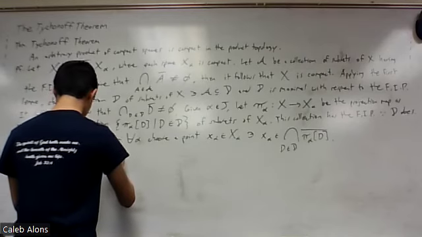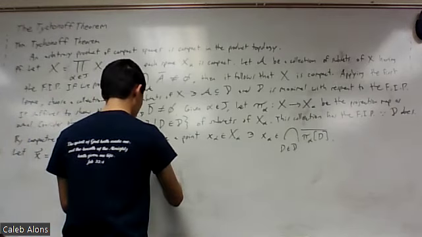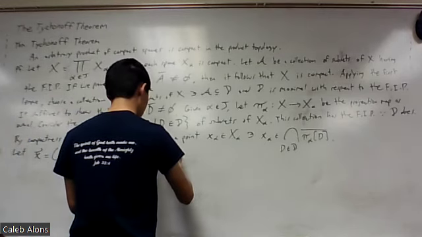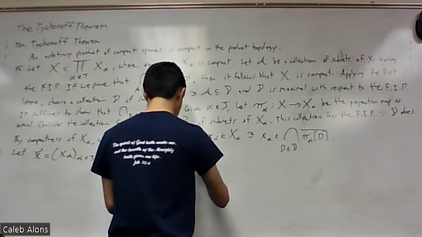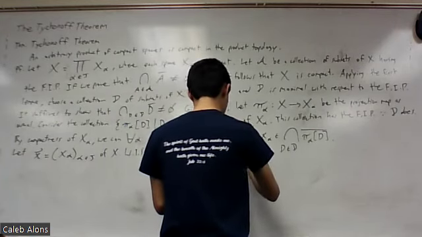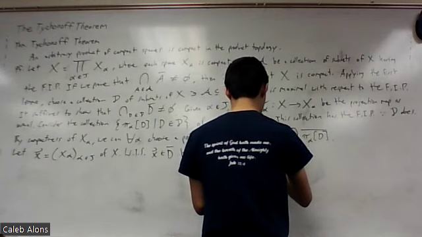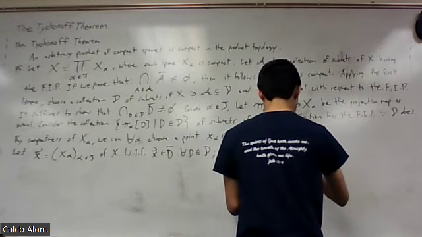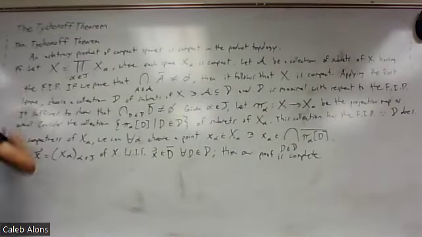This is a point of X. So we basically want to show that x is in the closure of D for every single D in our collection, because then we've done exactly what we came to do. Our proof is complete. Okay, so home stretch.